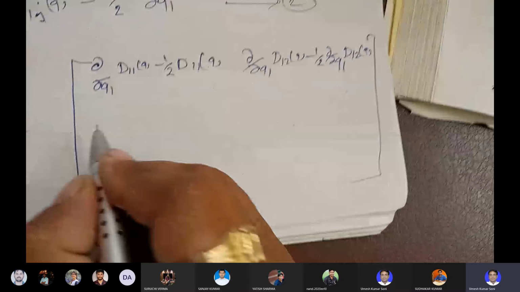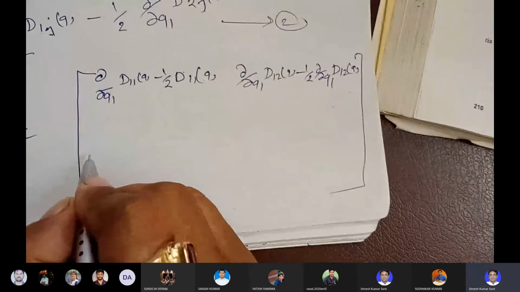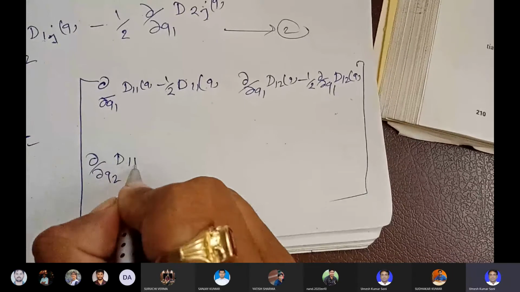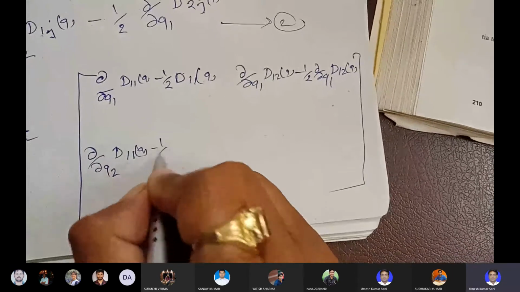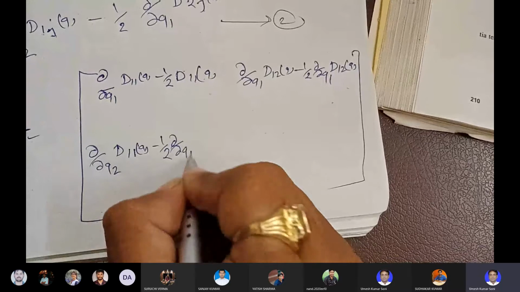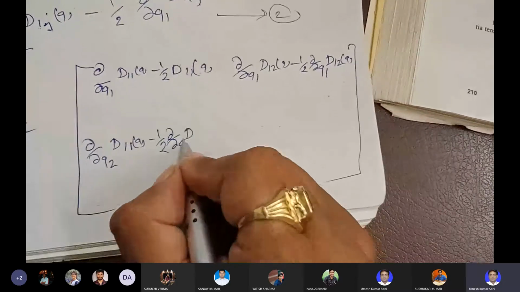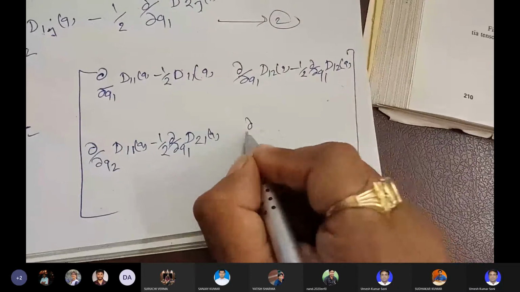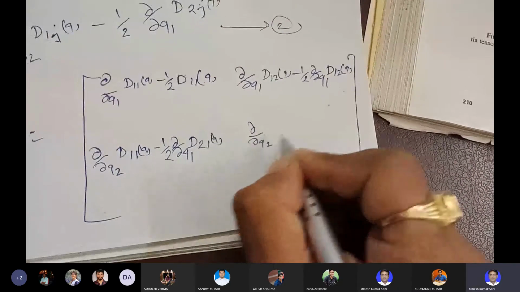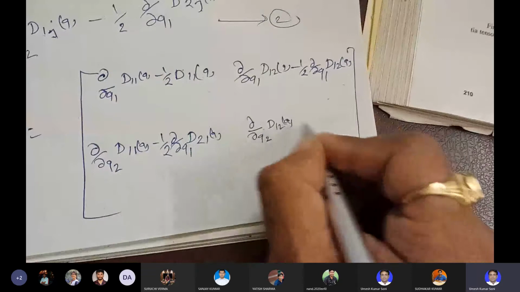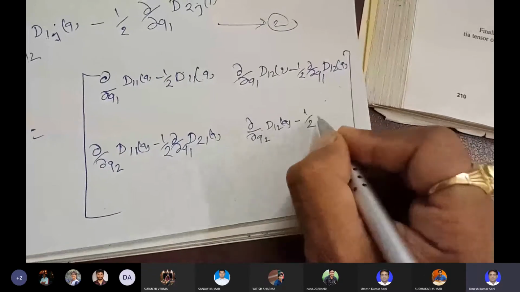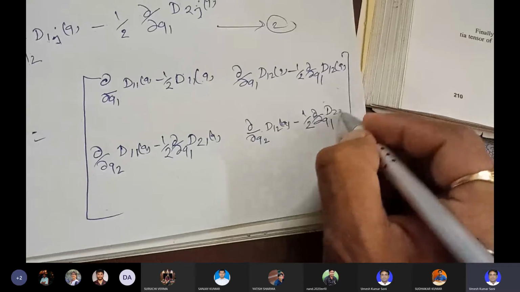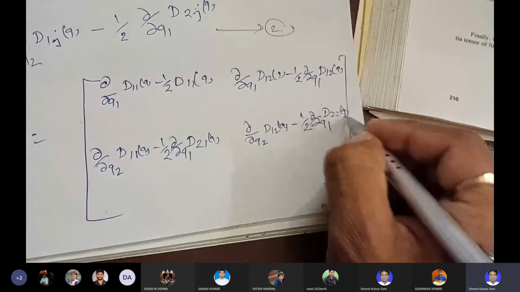I am writing here the equation: del upon del q2 d11 cube minus 1 upon 2 del q1 d21 cube. Here the fourth element is d12 cube minus 1 upon 2 del upon del q1 d22 cube. Clear?